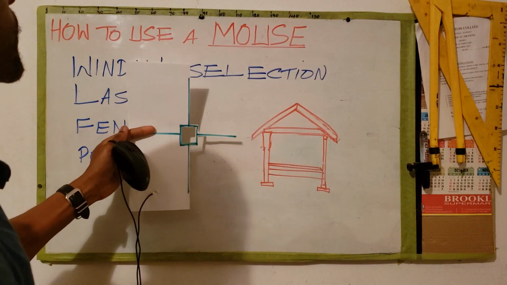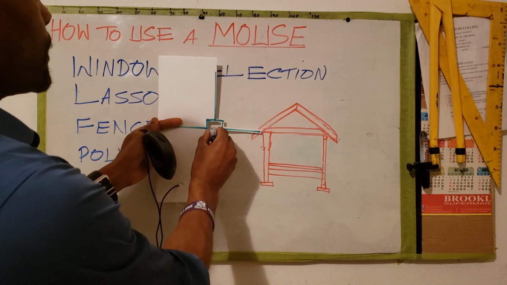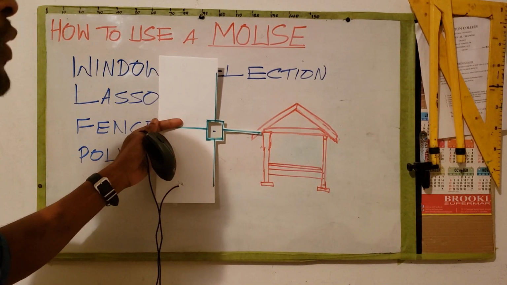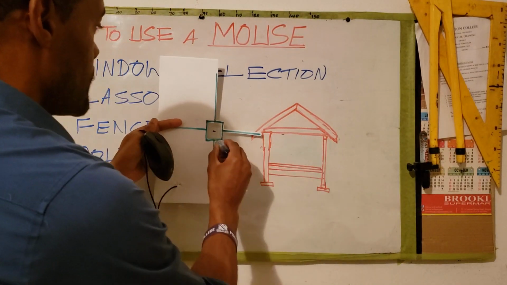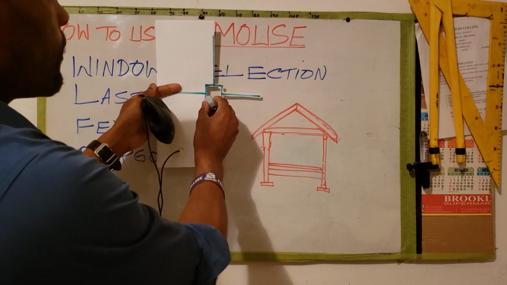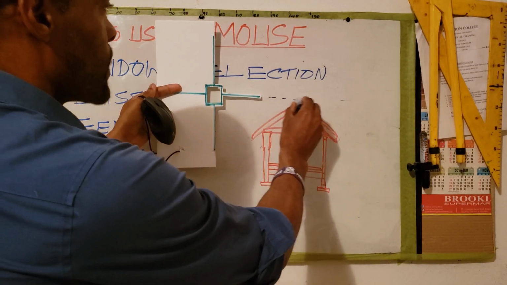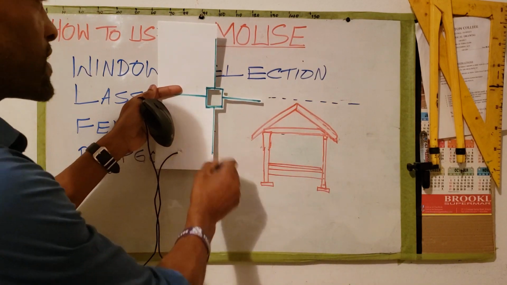So say for example I wish to select this entire figure. If I click here, it will not be a good spot. Why? Because the rectangle would start forming here down to this point. So you must choose a point which will allow you to cover the entire figure if you wish to cover the entire figure.